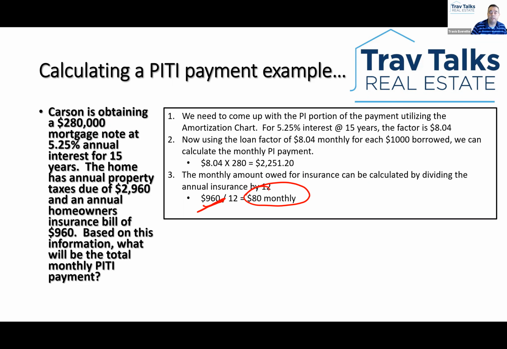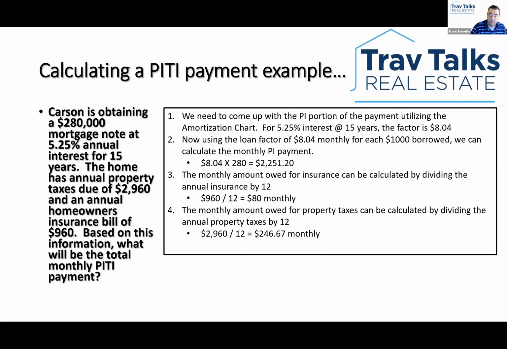Guess what we're going to end up doing with that $80 a month, folks? Adding it to the other monthly payment we've got. Right? And the taxes is going to be the same thing. They told us that the annual tax bill is $2,960. Divide that by 12, that's $246.67 a month, which is also going to get added in up here, right?